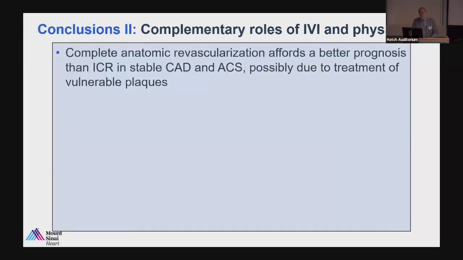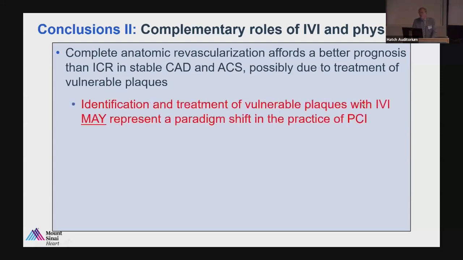Now, for the future, complete anatomic revascularization affords a better prognosis than ICR. In acute coronary syndromes and STEMI, it's been proven. In stable CAD, we've got associative studies, possibly due to treatment of vulnerable plaques. And identification and treatment of vulnerable plaques with intravascular imaging may represent a paradigm shift in the practice of PCI.